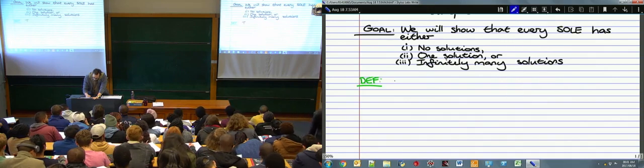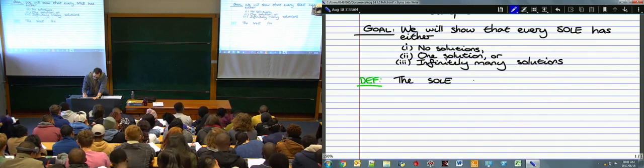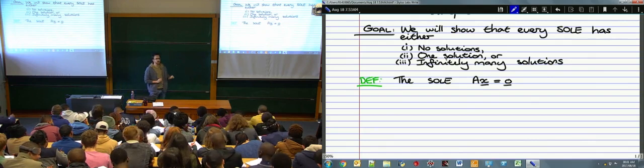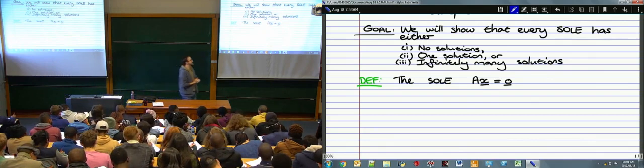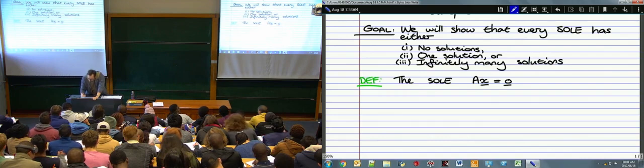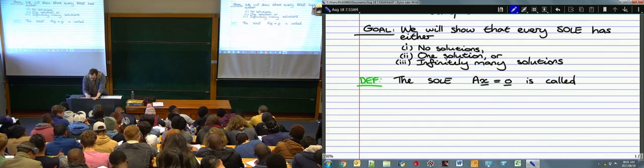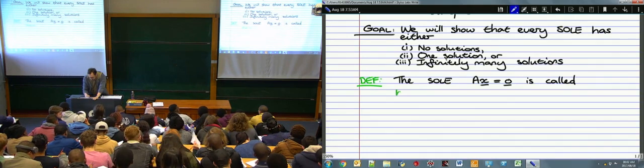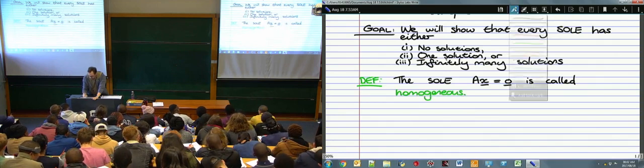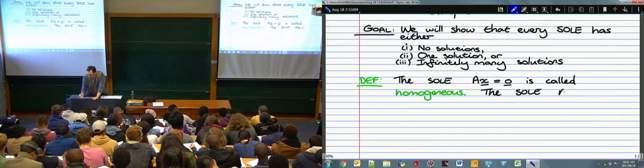So the system of linear equations AX is equal to 0, right? A system of that form, AX is equal to 0, where the right-hand side isn't an arbitrary vector B, it's actually the 0 vector, is called a homogeneous system of linear equations.